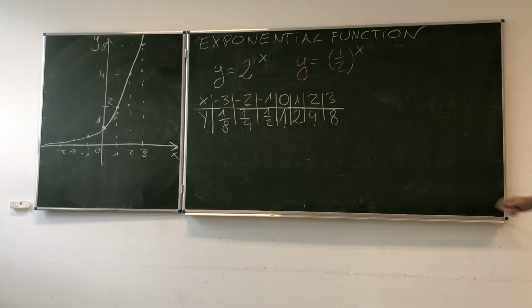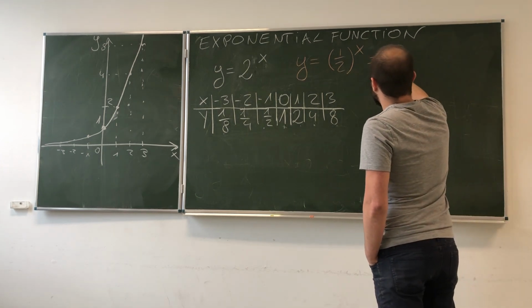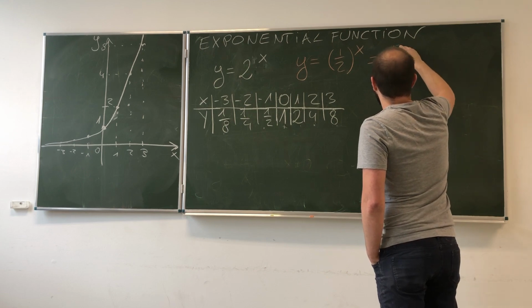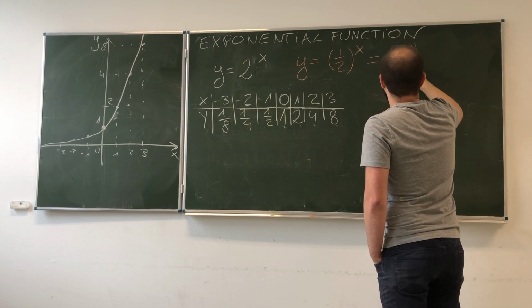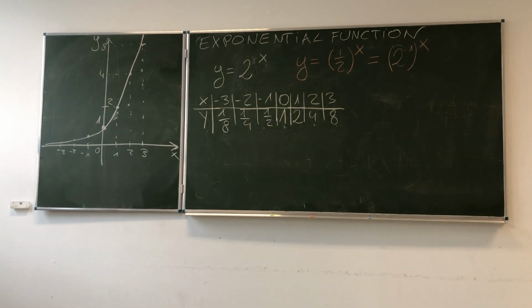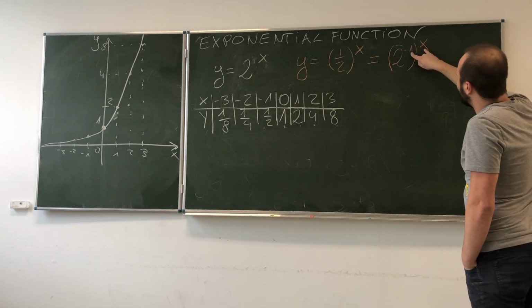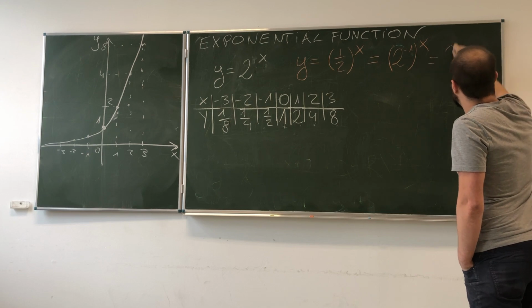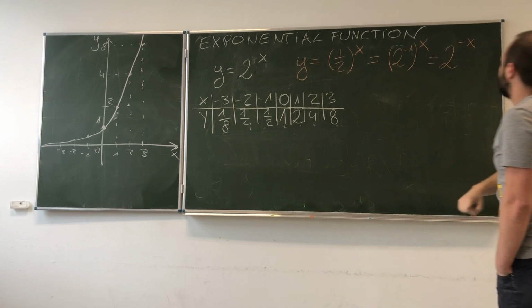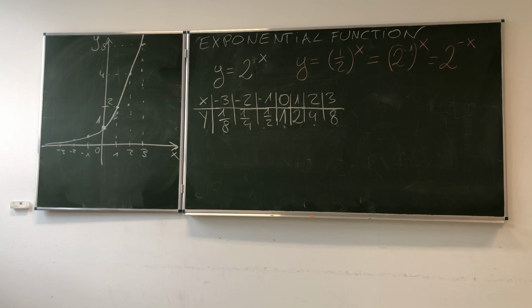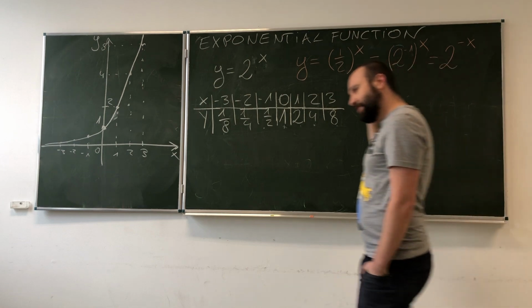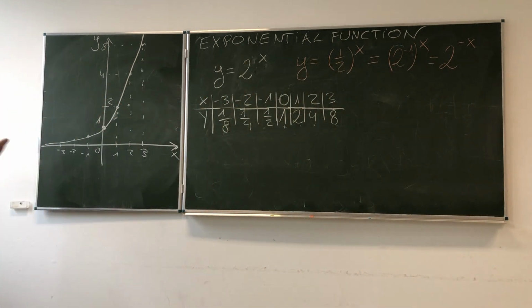It is the same as 2 to the power -1, all to the power of x. We remember that we can multiply the exponents, so this is nothing more than 2 to the power -x. This will actually give us a hint on another transformation we have not considered yet.